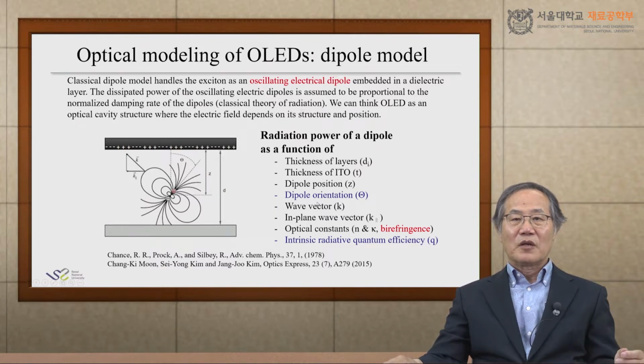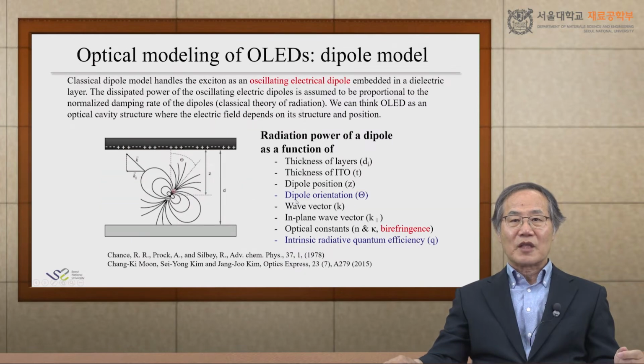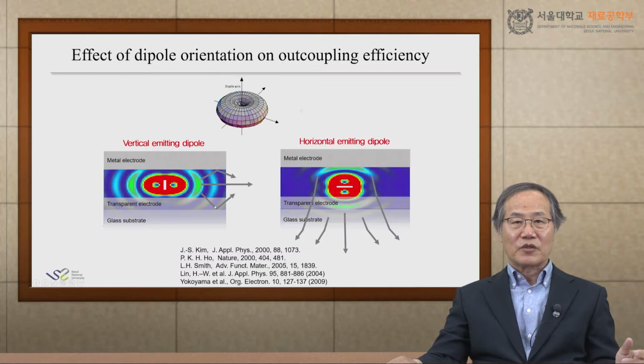So here I selected these material properties and calculated for the optimized device structure to get the maximum achievable OLED efficiency.